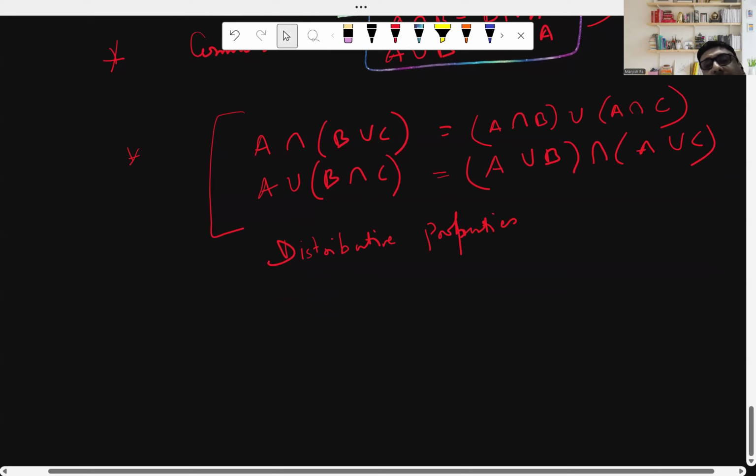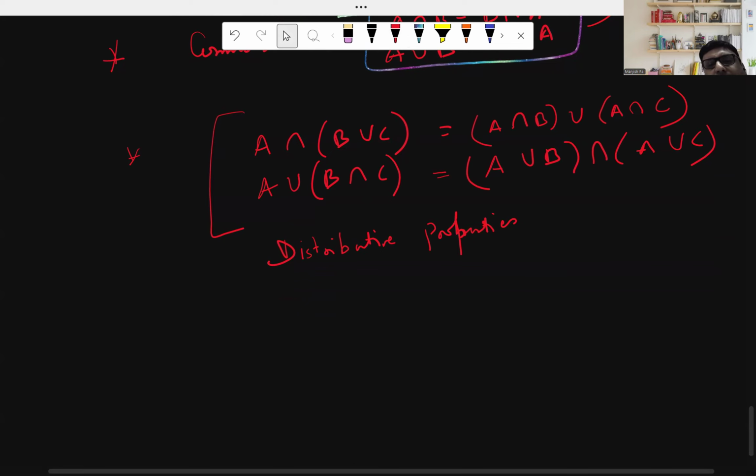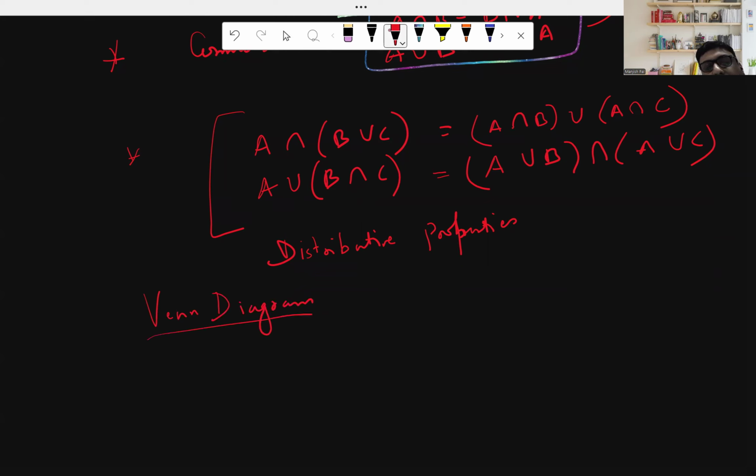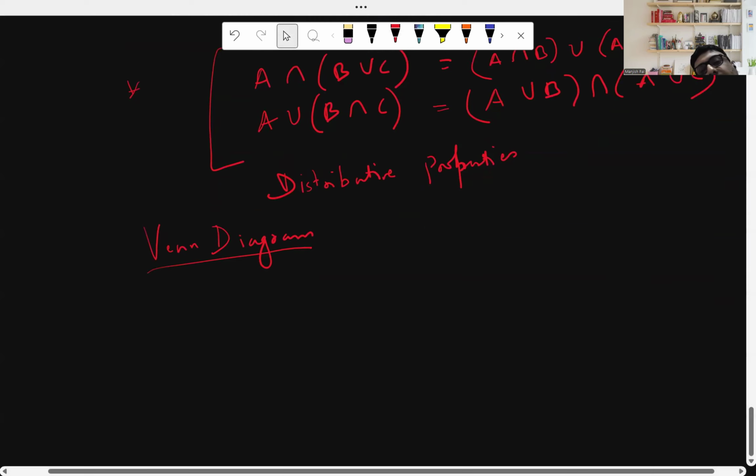So many of these properties can be proven by what is called a Venn diagram. You can prove them by following the set builder notation or the recursive notation, but one can figuratively also verify these properties through a Venn diagram.